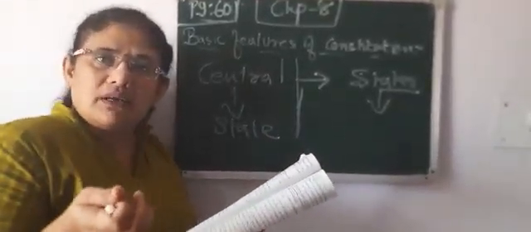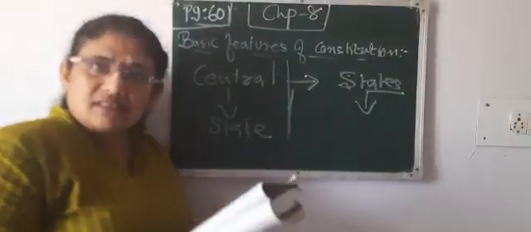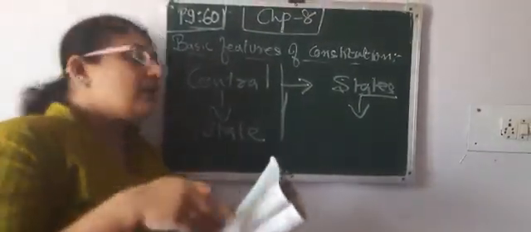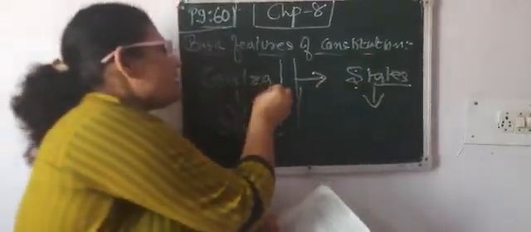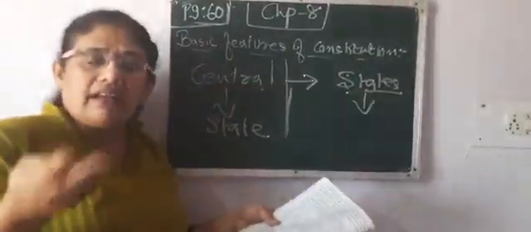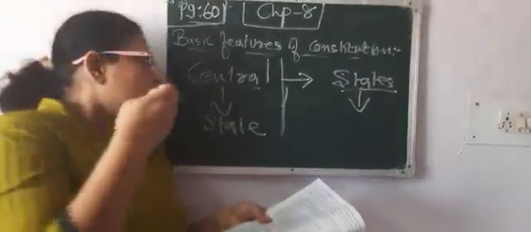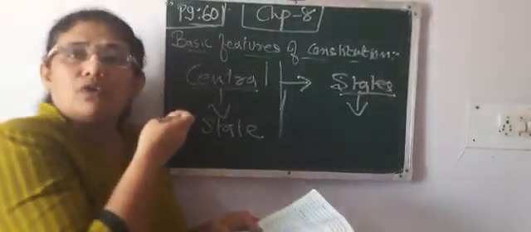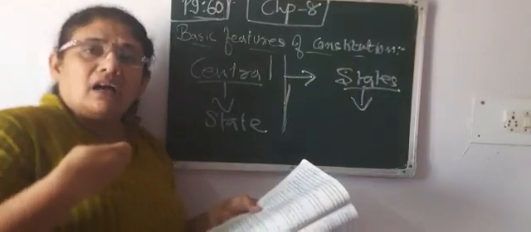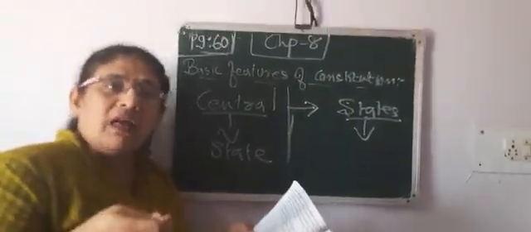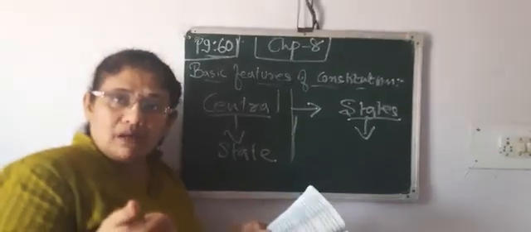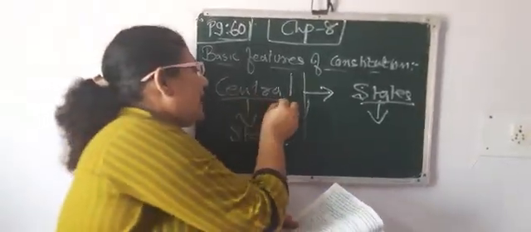All the small decisions like about tax, about education, they will come under whom? Under the states. But all the major decisions, like right now coronavirus is going on, so all the decisions will be taken by whom? The central government. When an emergency situation comes, a war situation comes, or about petrol prices, everything will be taken care of by whom?